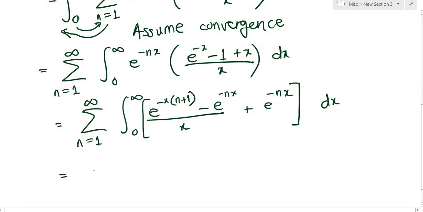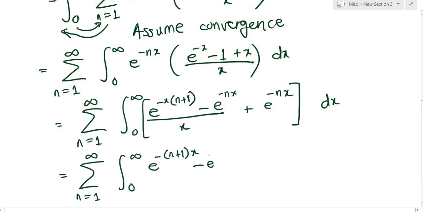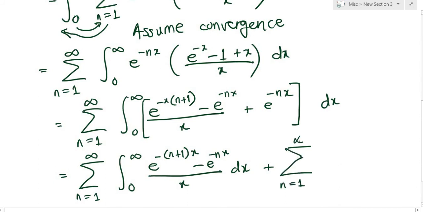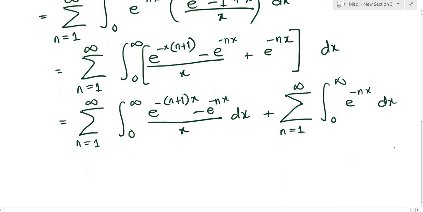Well, great. So I think we can definitely split these in terms of two integrals. So let's do that. So we have the sum from n equals 1 to infinity of the integral from 0 to infinity of e raised to negative n plus 1 times x minus e raised to negative nx over x dx, and the second one we have the sum from n equals 1 to infinity of the integral from 0 to infinity of e raised to negative x dx.